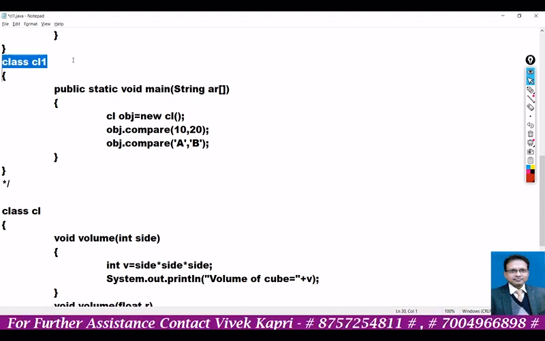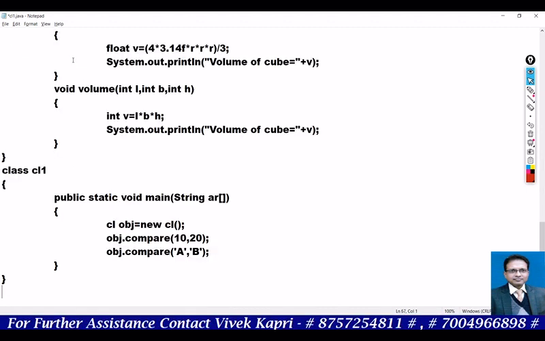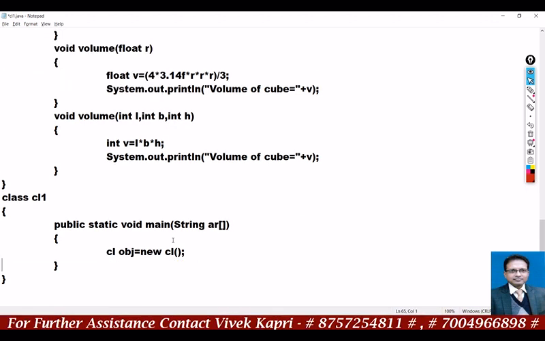I'm just going to copy here so that time will be saved. obj.volume, first cube 3 centimeter or whatever it is, second obj.volume suppose 2.5, and the last case obj.volume 2 comma 3 comma 5.